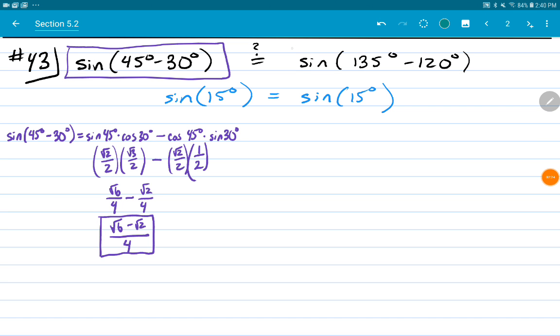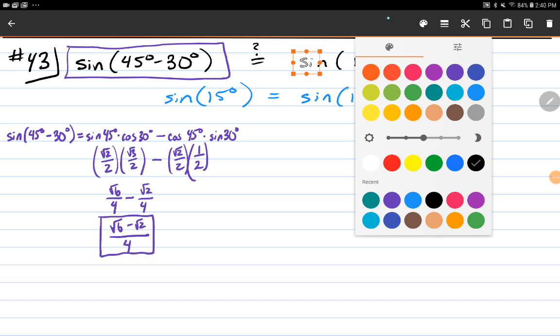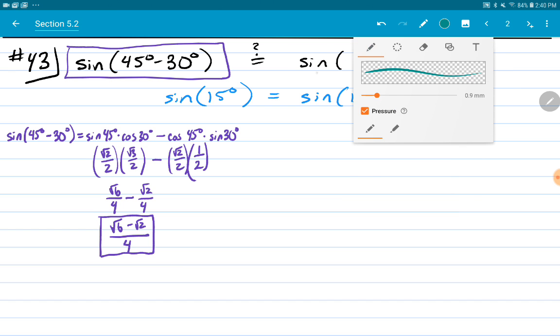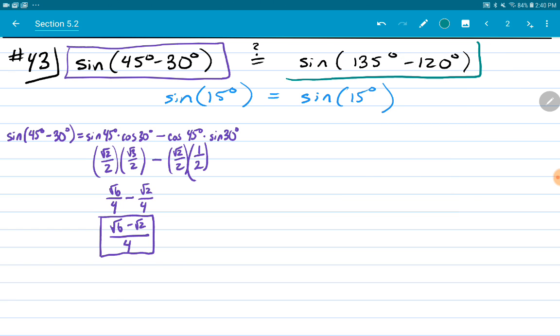So let's see if we get those same results when we use the sum identity with alpha equal to 135 degrees and beta equals 120.